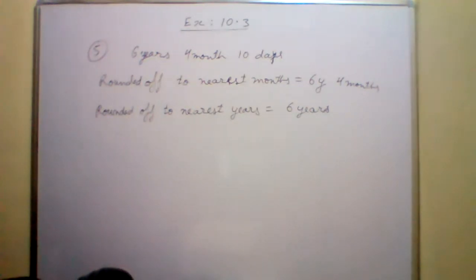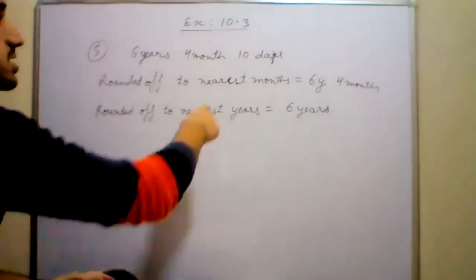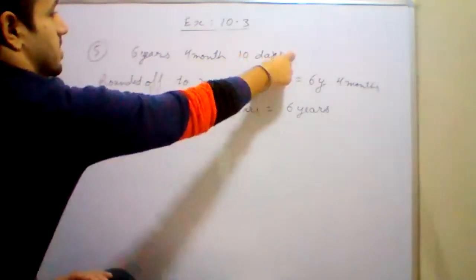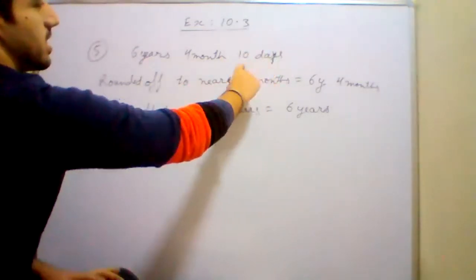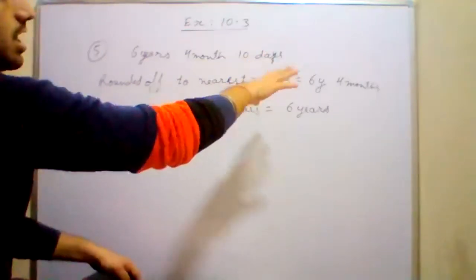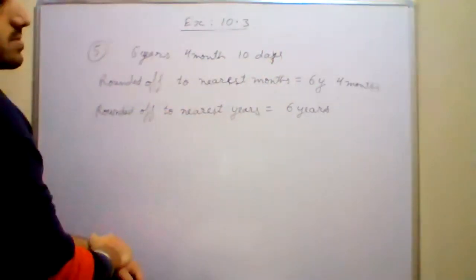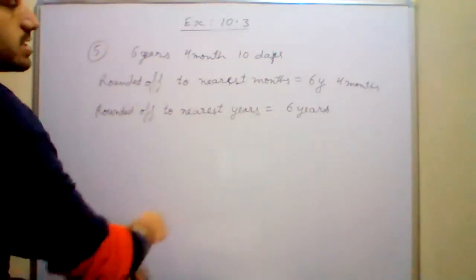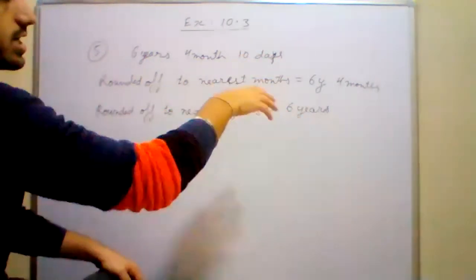Sir, I cannot understand the round off to the nearest months. This is 10 days. 10 days is less than... In a month there are 30 days. Half of 30 is 15.